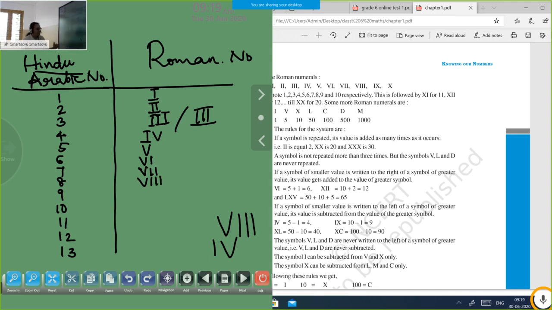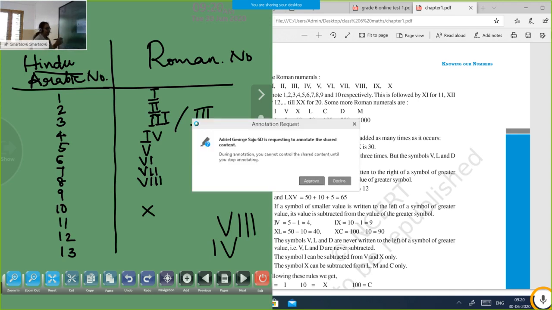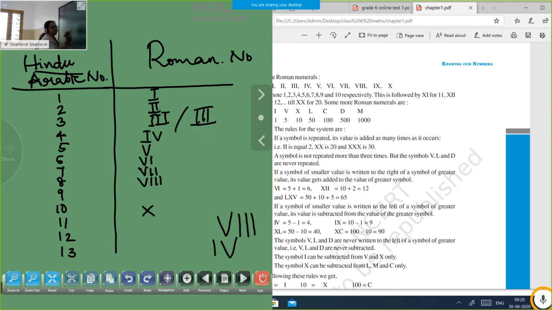Now 9. We cannot put 5 plus 4, that is, V plus I plus I plus I plus I. That is wrong. We can repeat a number maximum 3 times. So we know 10 is X. 9 is X minus I. Minusing means we put it on the left side of the number.